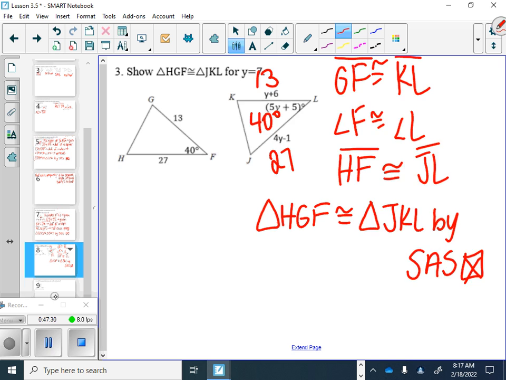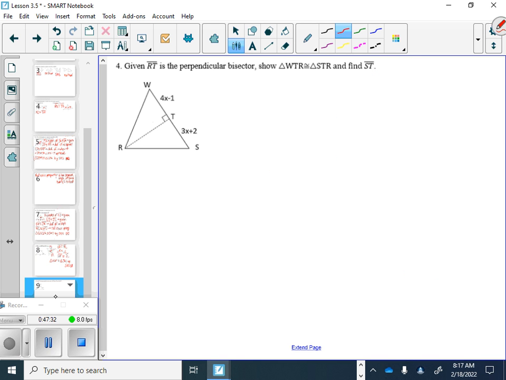Alright. Number 4. I am given that RT is a perpendicular bisector. We haven't talked about that in a long time. What does perpendicular mean? Think about perpendicular slopes.